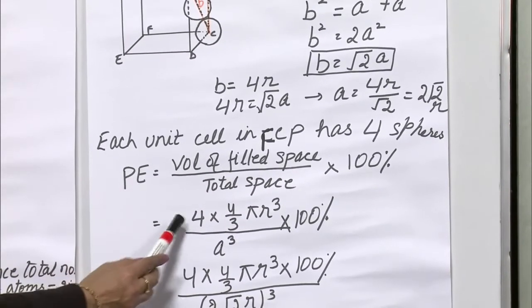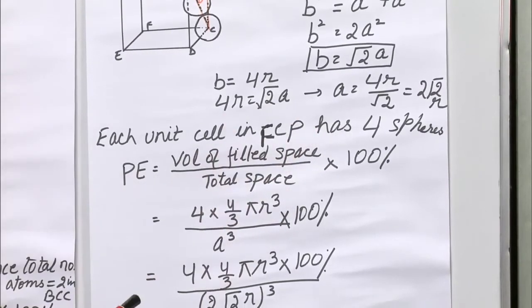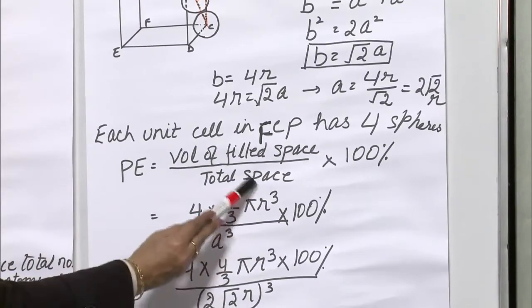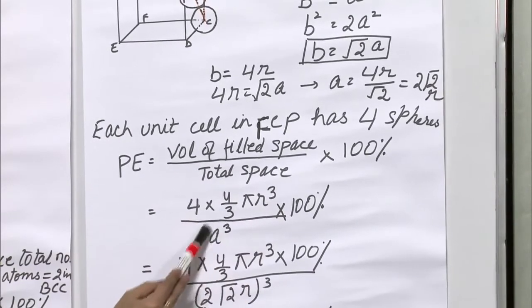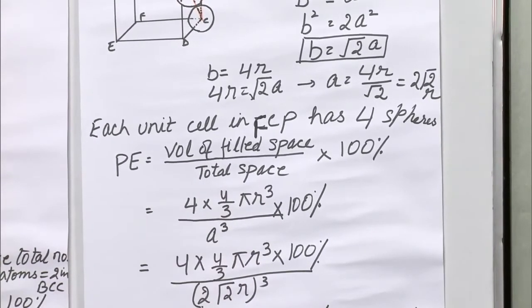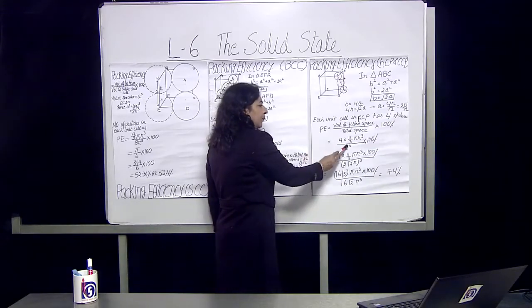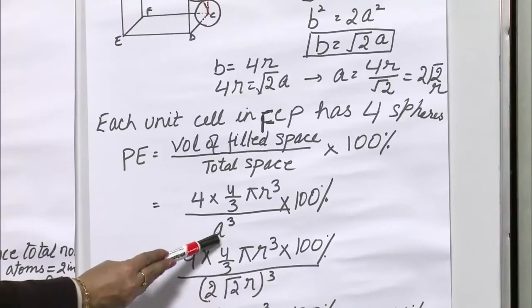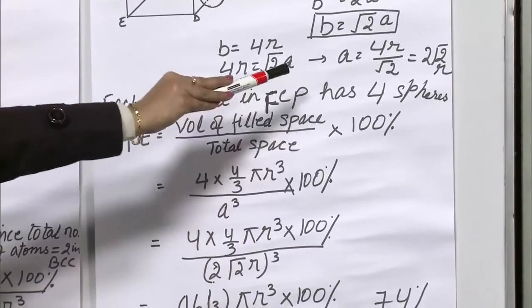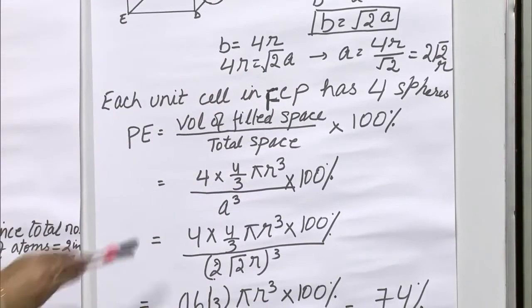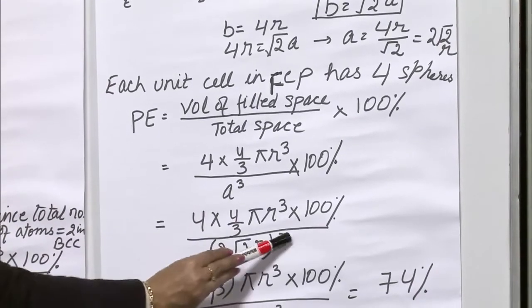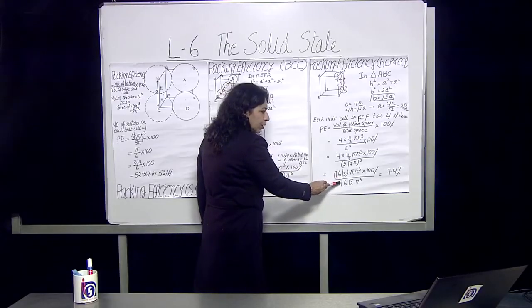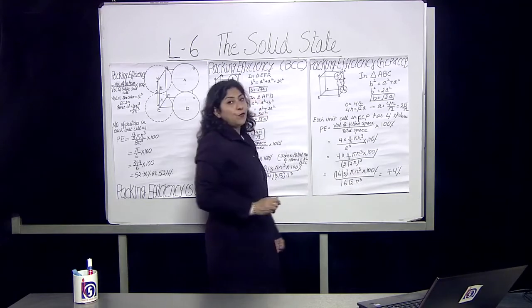The filled space, as we know, has 4 spheres. One sphere's volume is 4 by 3 pi r cube multiplied by 4, divided by the total space, that is the total volume of the cube. Now the total volume we have already discussed, we have taken out 2 root 2. Now keeping the value of a over there, we get (2 root 2 r) cube. So on calculating you get 74%.